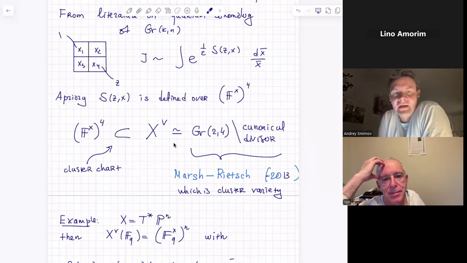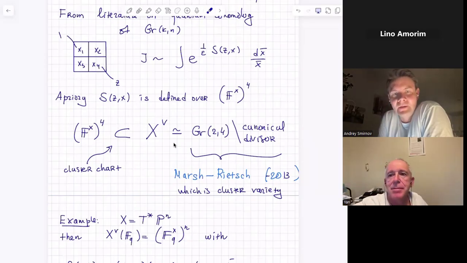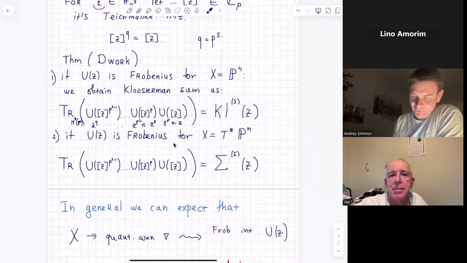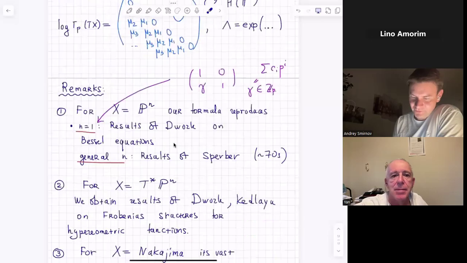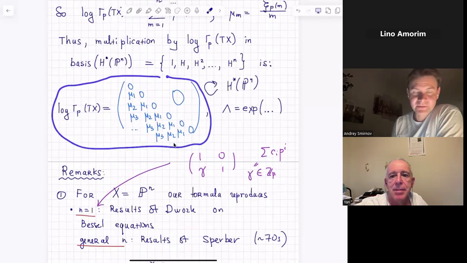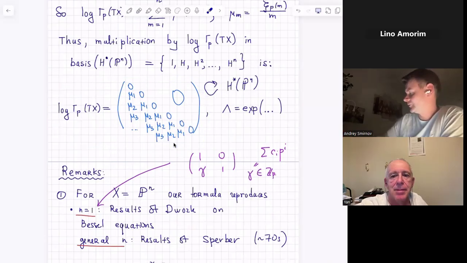And then another thing would be to write bounds on these sums as before, but these bounds follow from this explicit formula for the gamma class. As Dwork and Sperber did it p-adically for Bessel equations.